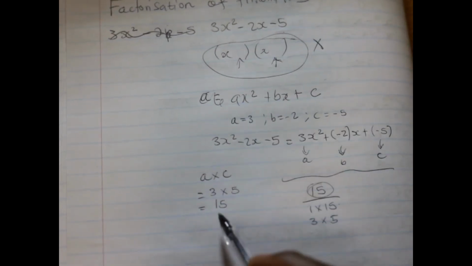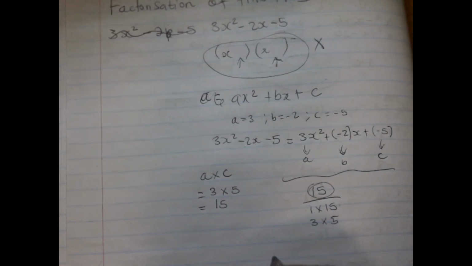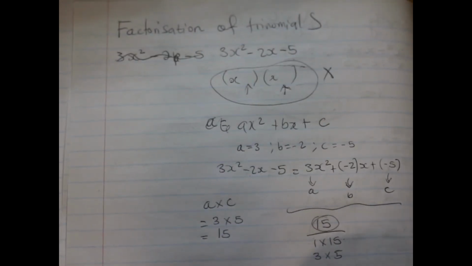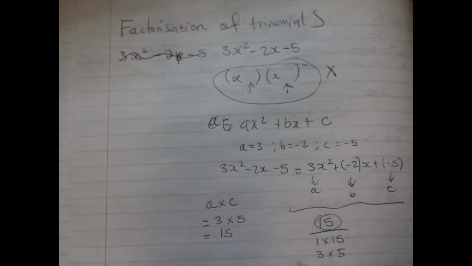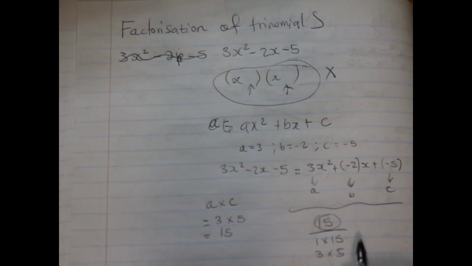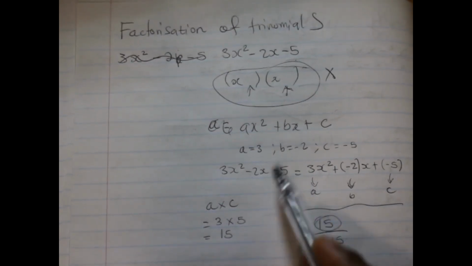Basically here we're multiplying 3 and -5. I just left out the negative, but it needs to be -15 because that's the actual product of 3 and -5. But when we sum the factors, we need to get the middle term, which is the B, and our B is -2.